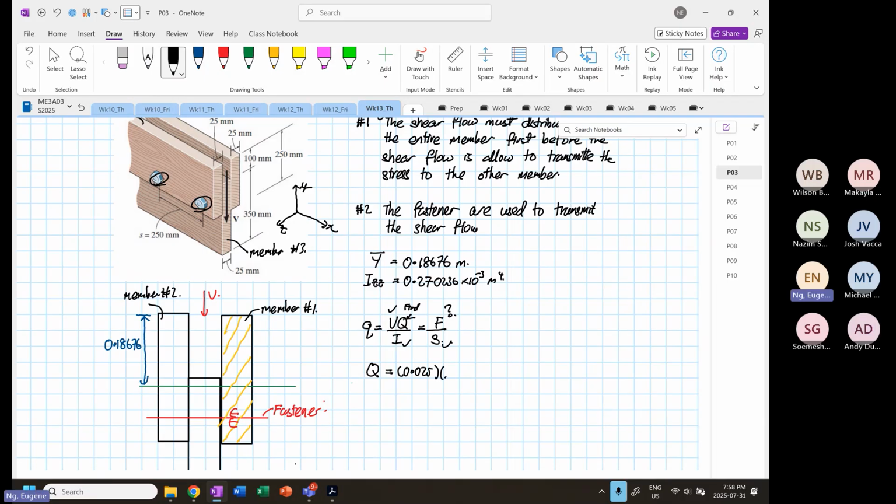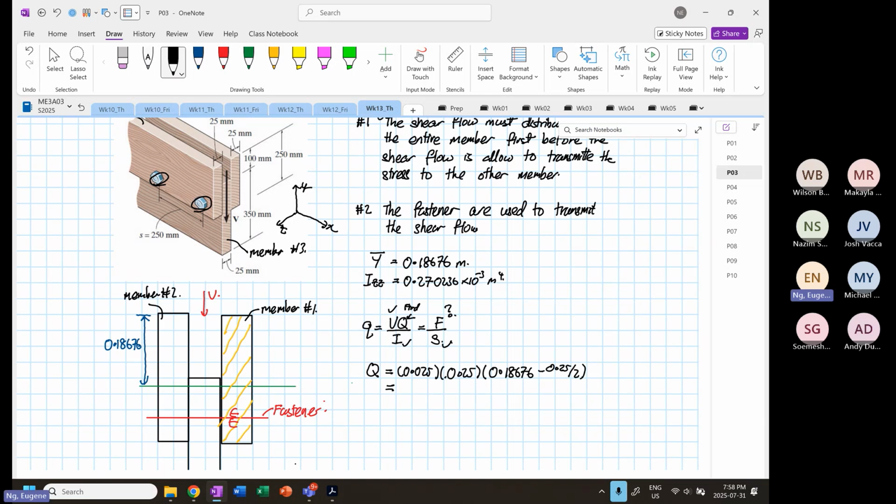The depth is 0.25. The Y bar is 0.18676 minus 0.25 divided by 2.